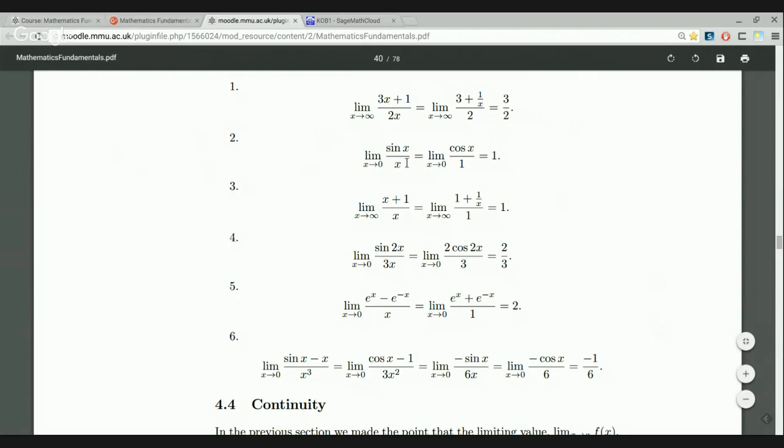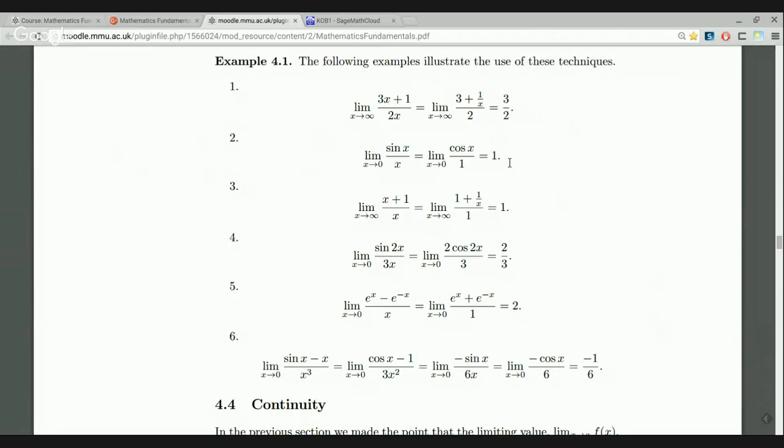Now that's a bit of a cheating example, because we're making use of the derivative of sine, but actually to prove that the derivative of sine is cosine, you have to use the fact that the limit as x approaches 0 of sine of x over x is equal to 1. So really, that result should be proved without appealing to the derivative, because it's a result you need in order to establish what the derivative of sine of x is.